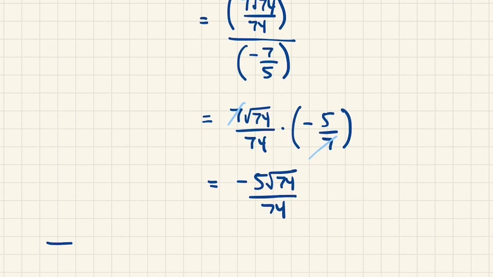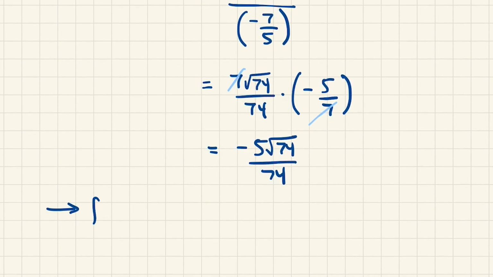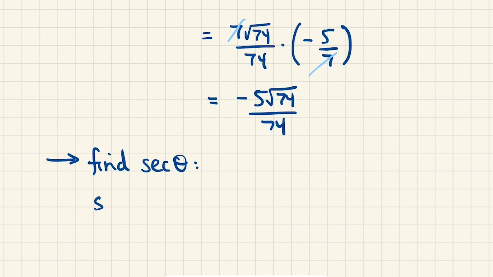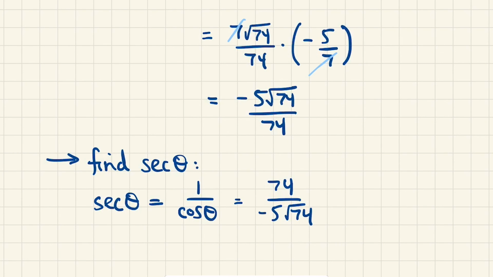And let's quickly find secant of theta, which we know is just the reciprocal of that. Secant of theta is 1 over cosine theta. So that would be 74 divided by negative 5 rad 74. It's the reciprocal of cosine.